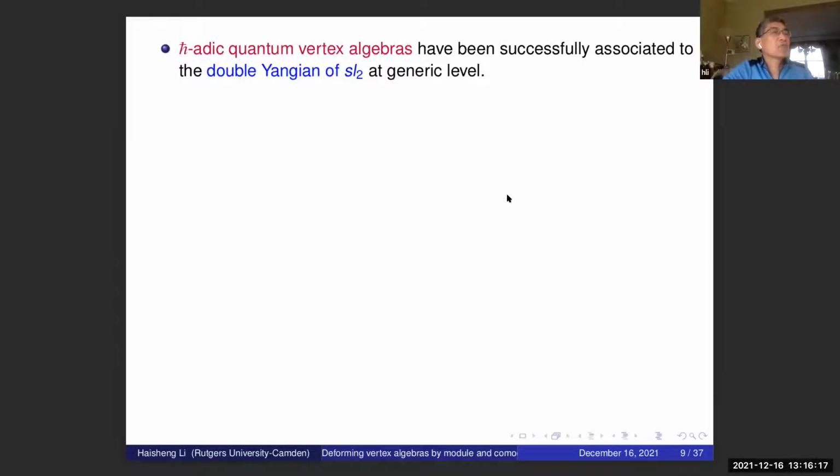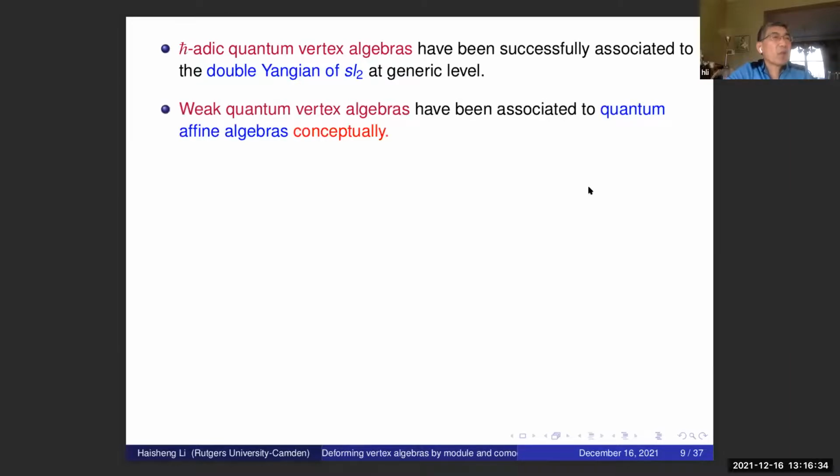Indeed, in the past what we can do is associate H-adic quantum vertex algebras to double Yangian. For double Yangian of sl2 at the generic level, that can be done. Okay.